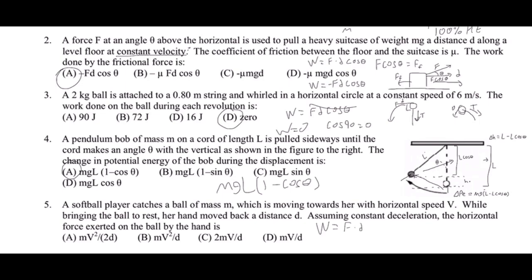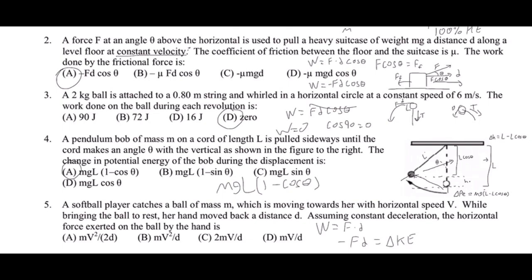But here's the subtle part. The force is opposite the direction of motion, like I think question 2 earlier. So the ball's going right, and the force is pushing left. So technically, negative Fd is equal to our change in kinetic energy, right?